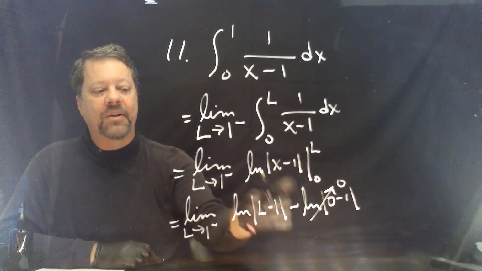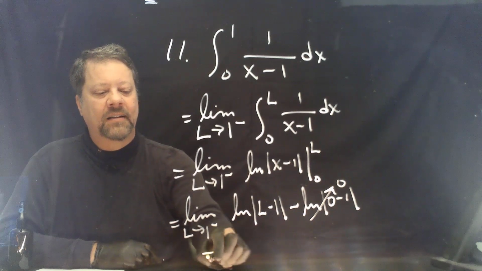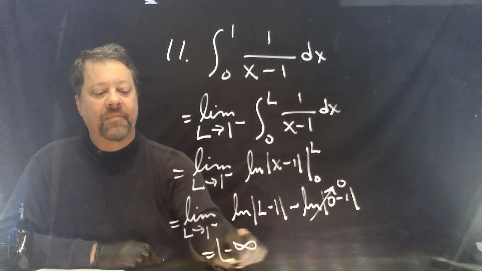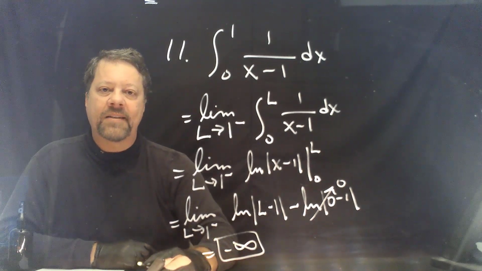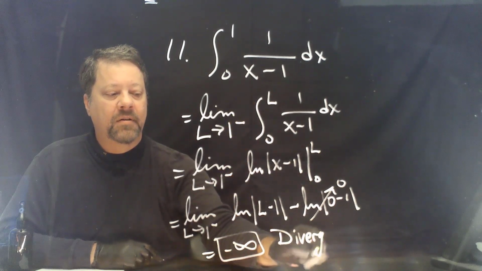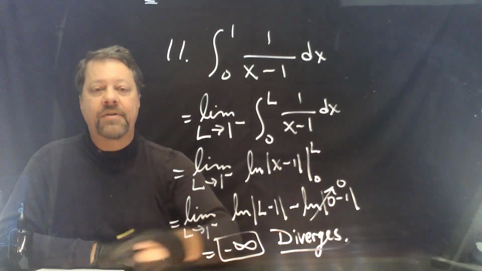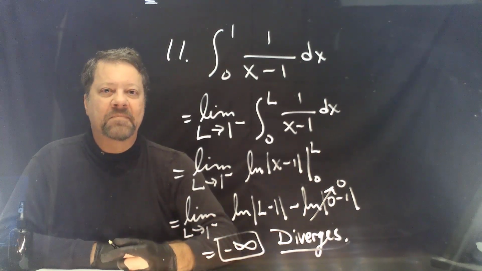In absolute value, the argument of the log function will go to 0 from the right, and that's minus infinity. So we say that this integral diverges, but we can say better than that it diverges. It diverges to minus infinity.